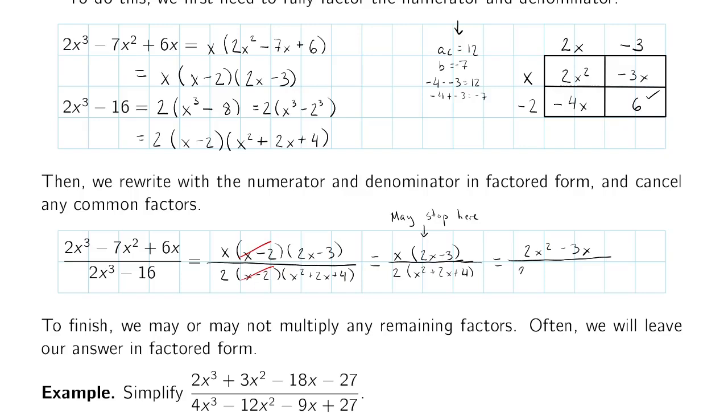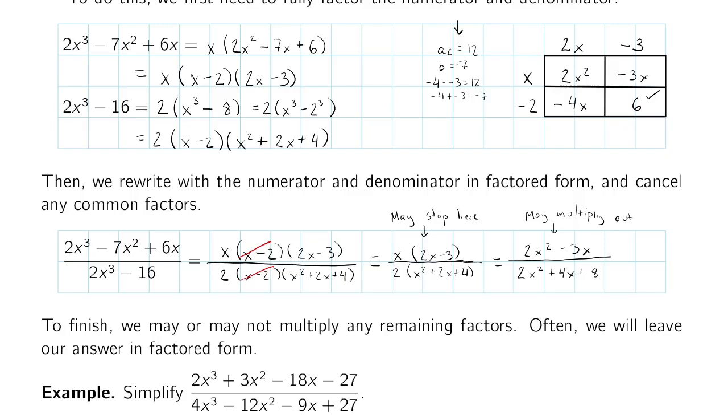Well, 2 times x squared is 2x squared. 2 times 2x is 4x. 2 times 4 is 8. And this one was pretty easy to multiply out, so I would probably do that. Depending on what we wanted to do next, the factored form might be easier.